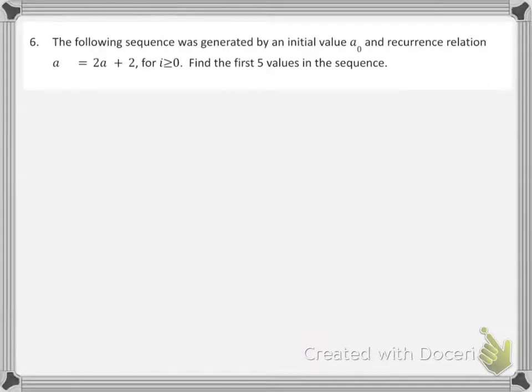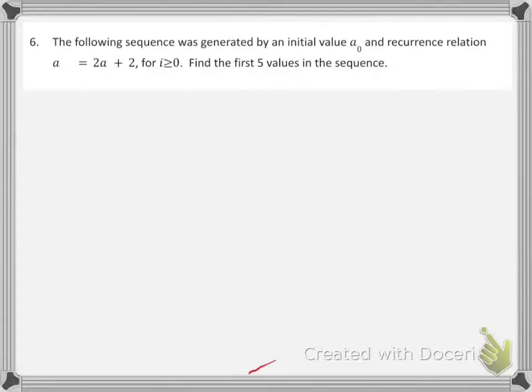All right, number 6. The following sequence was generated by an initial value of a sub 0 and a recurrence relation. Whoa, part of this is missing. This should say a sub I. I don't know if I can get that in there. I'm going to actually rewrite that so that it's not so darn confusing.